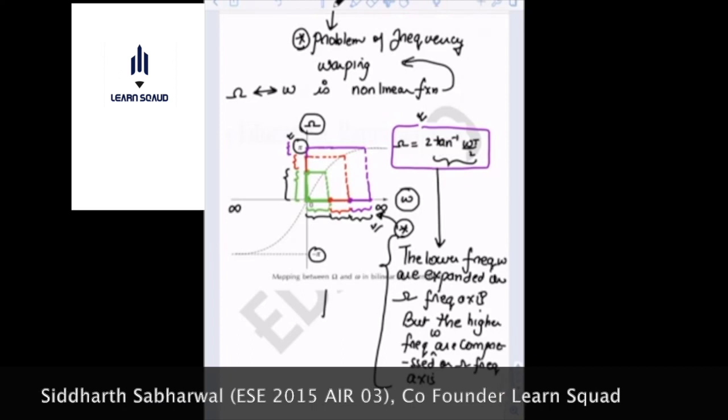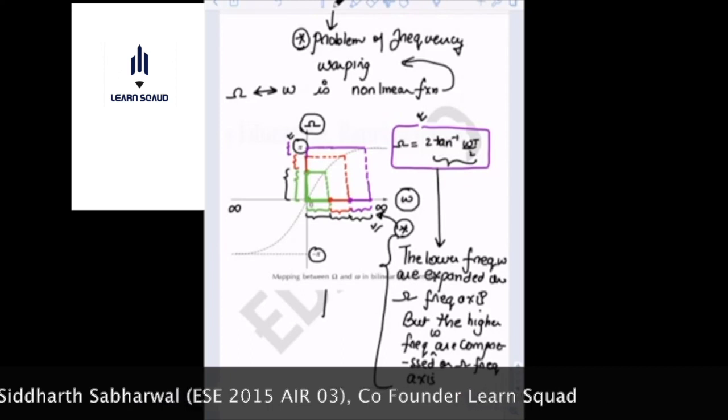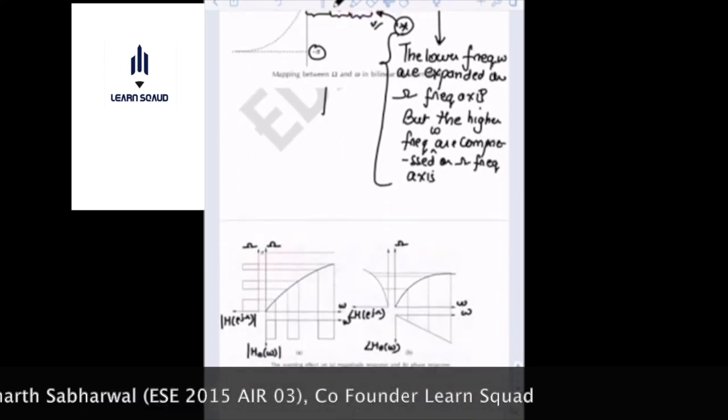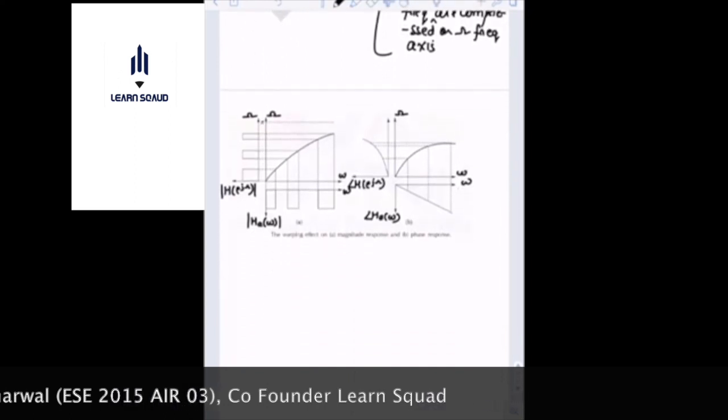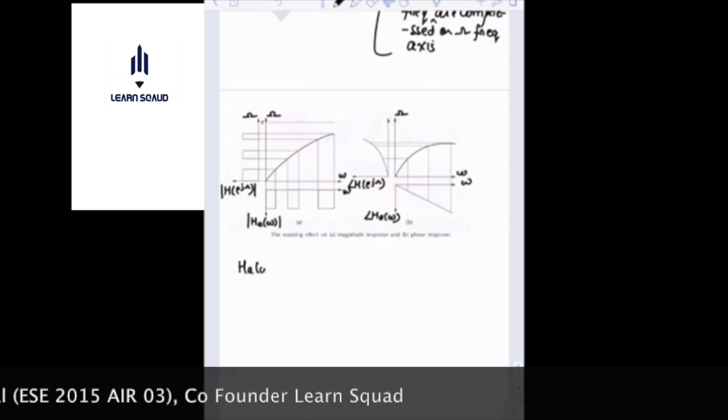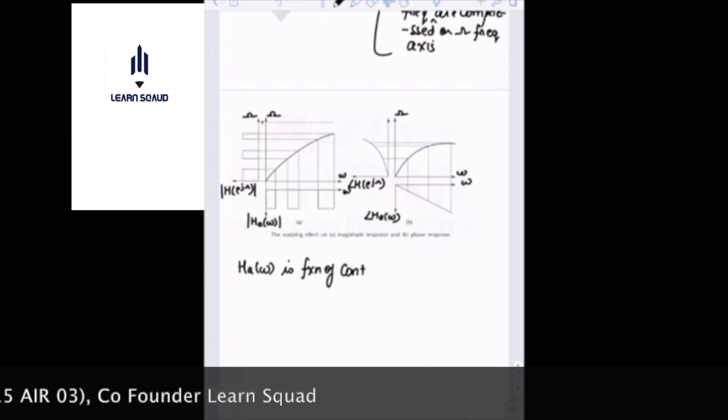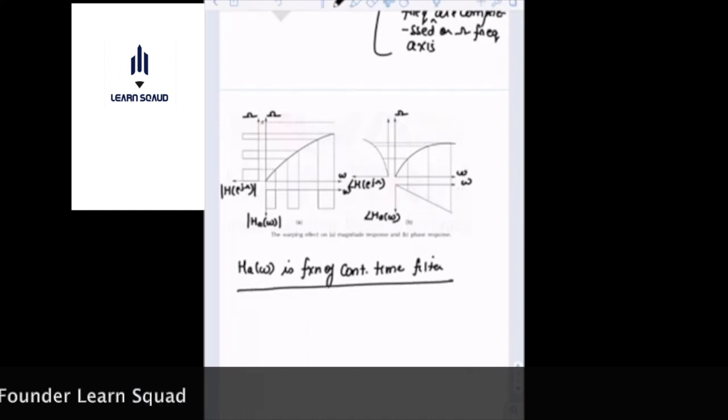Now let's look at the effect of frequency warping, that is, what will happen due to the frequency warping. So let us say that H_A of omega is the function of the continuous time filter or the continuous time system, and mod of H_A of omega shows the magnitude and angle of H_A of omega shows the phase.